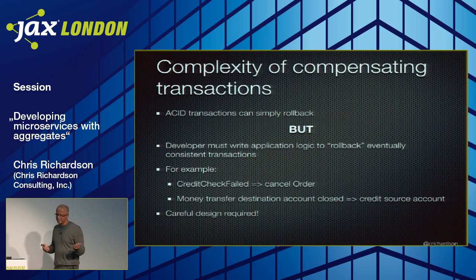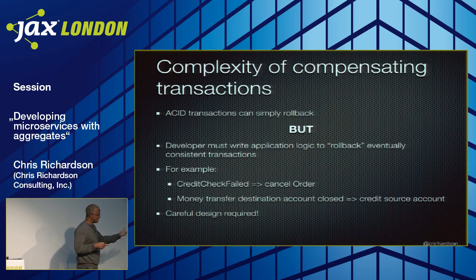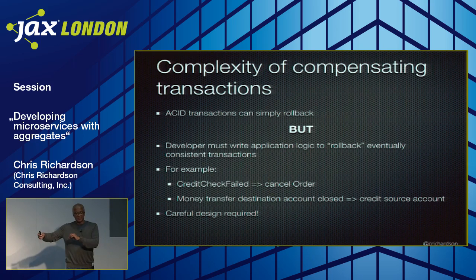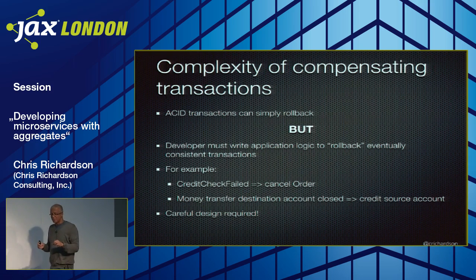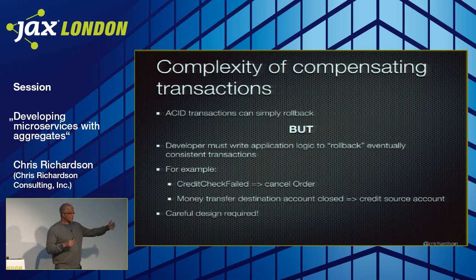Another interesting scenario is where you're transferring money between two accounts, where you have debited the from account, and then when you try and credit the to account, you find that the to account has been closed, at which point you need to then recredit the from account.